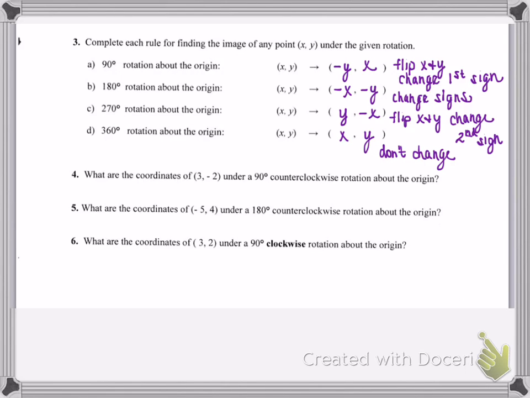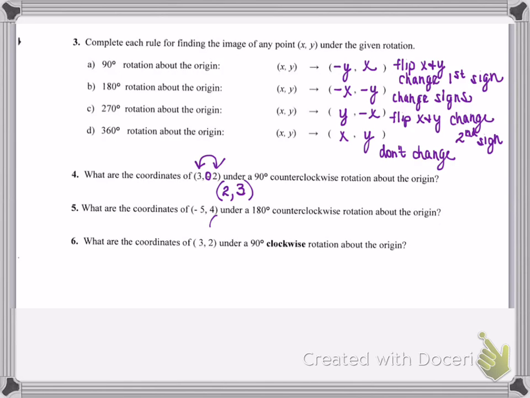Okay, for part 4, we're doing what are the coordinates of 3, -2 under a 90-degree counterclockwise rotation about the origin. You're going to flip these, and you're going to take the opposite of the y. So this is going to be 2, 3. For 180 degrees, if you look at part 3, we are just taking the opposite of each of the x's and the y's.